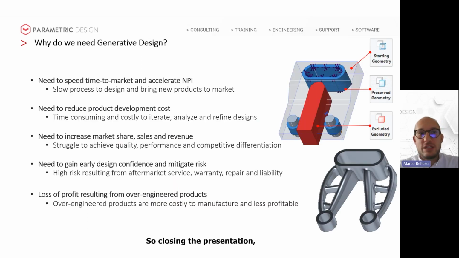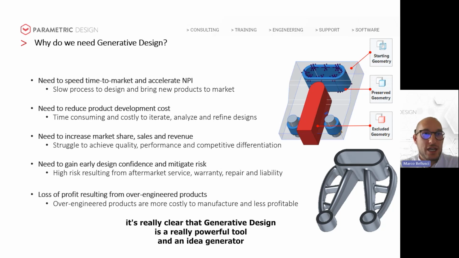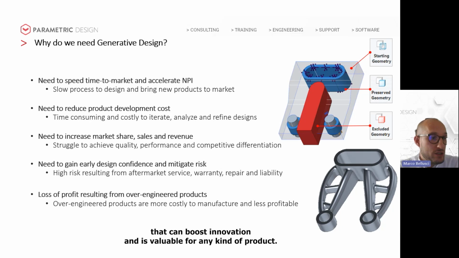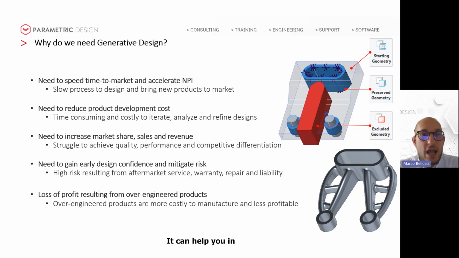So closing the presentation, it's really clear that generative design proved to be a really powerful tool and an idea generator that can boost innovation and is available for any kind of product. It can help you speed up and accelerate new product introduction because it points you directly to the optimal shape for your product.